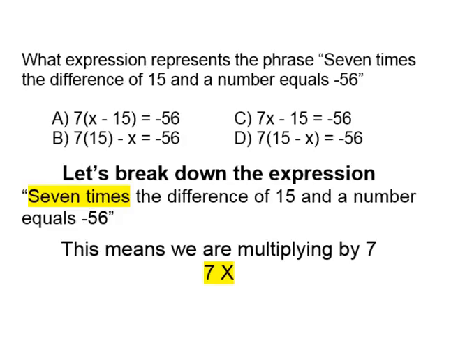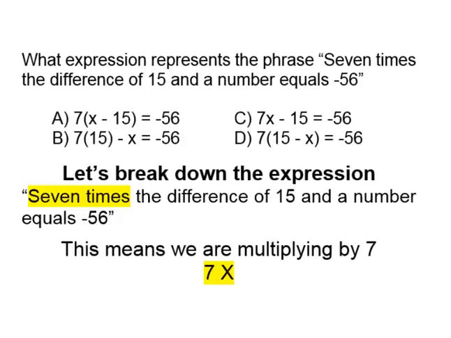If you see a number and immediately after that number you see a parenthesis sign, that means I am going to multiply. B, we have 7, here it is again, a parenthesis, but this time we just have one number, which is 15. So this means 7 times 15 minus x is equal to negative 56. C is 7x.